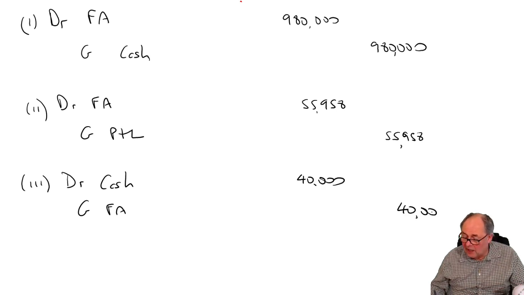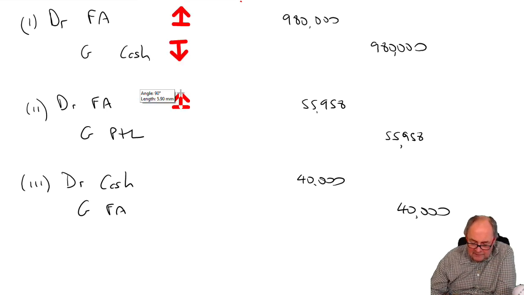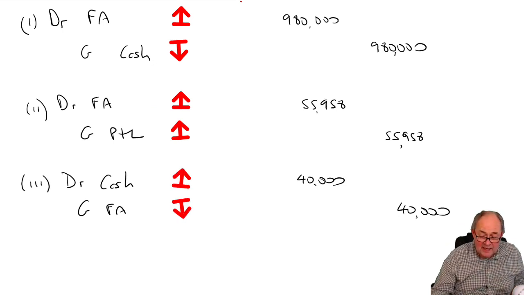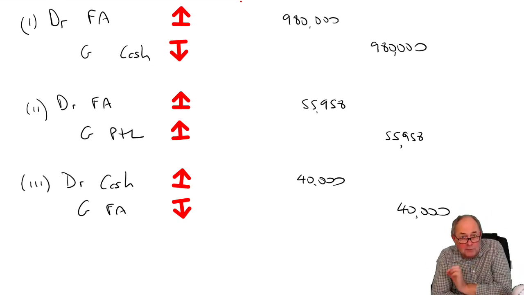Again, if they ask you to show adjustments, as I keep saying, and you're not sure about debit or credit, just say up and down. So financial asset up, cash down; financial asset and profit up; cash up, financial asset down. So you could use that as explanation as well. But that example hopefully reminds us about amortized cost accounting.